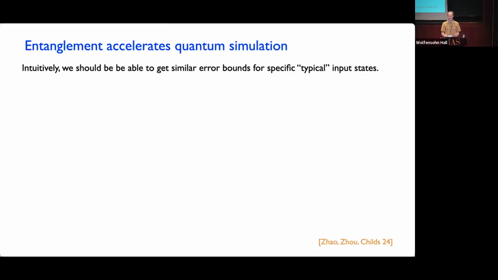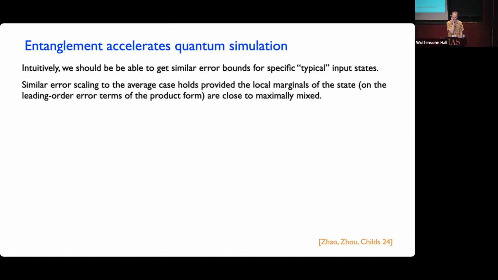But we can make this a little bit more precise. Namely, as long as the marginals of the state on a few qubit subsystems, specifically on the subsystems corresponding to the leading order error terms of the product formula approximation, are close to maximally mixed, then the scaling will be close to what it would be in the average case.